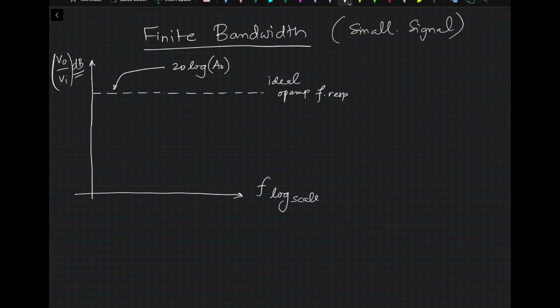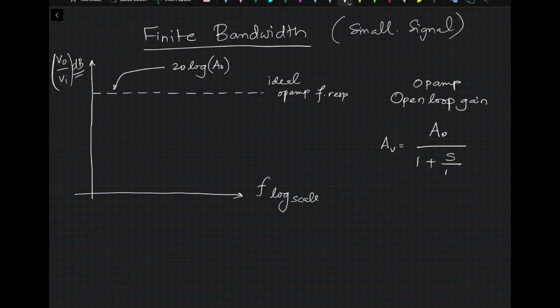So you can model the open loop gain of the op-amp as A0 ideally, or more realistically it would look like A0 divided by 1 plus S divided by P1.